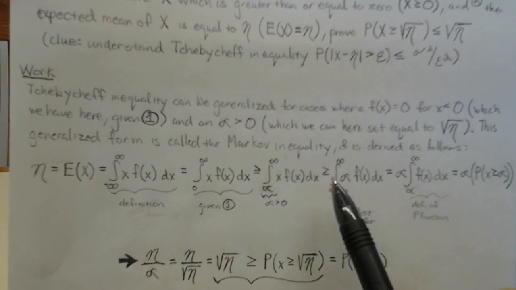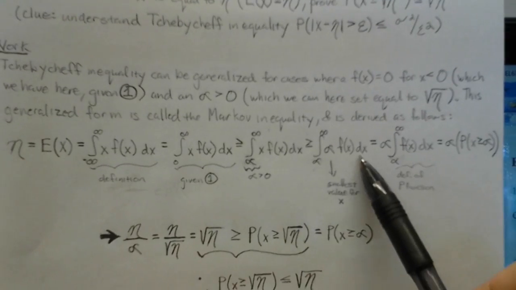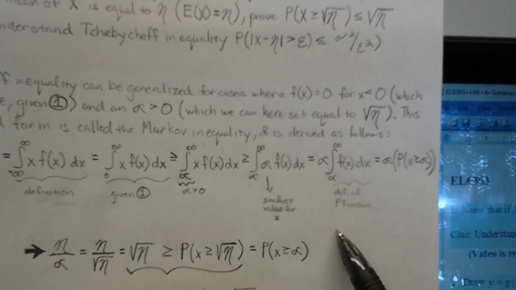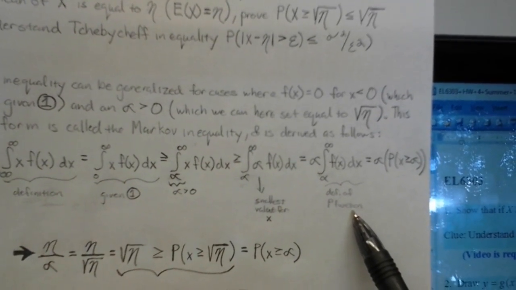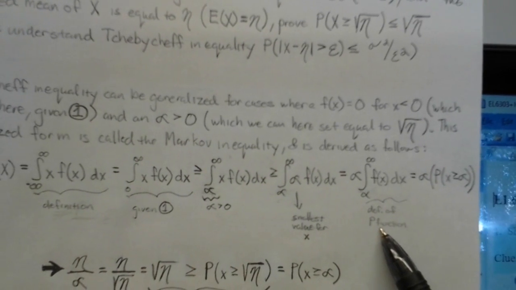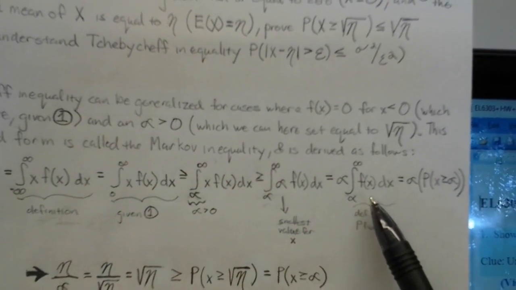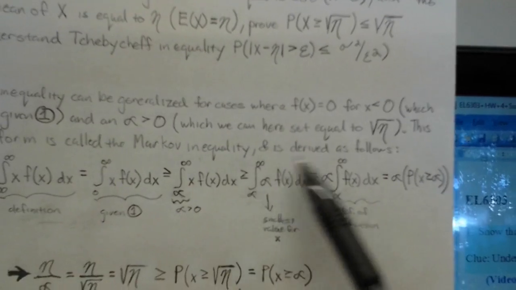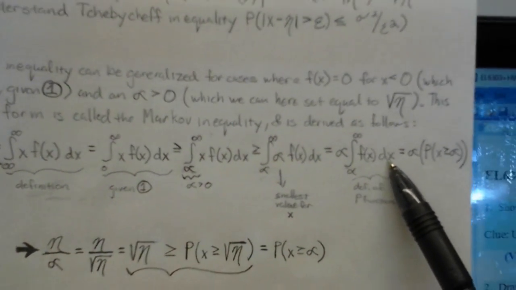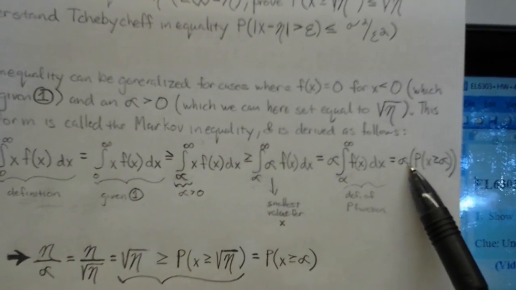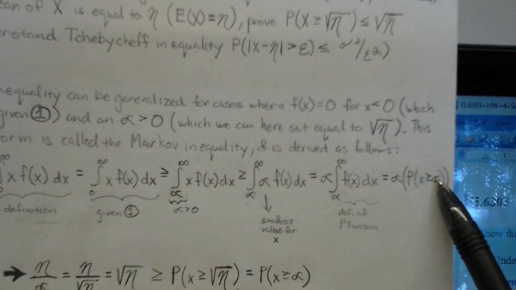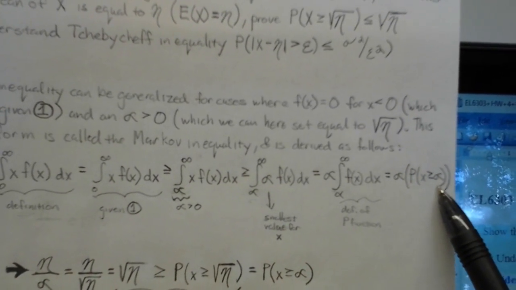So far we have this inequality, which we can further break down into the definition of our probability function. All we did in this case is take out the alpha value. And if this is our definition of probability, then what we're saying is that it's equal to alpha times the probability of x being greater than or equal to alpha.